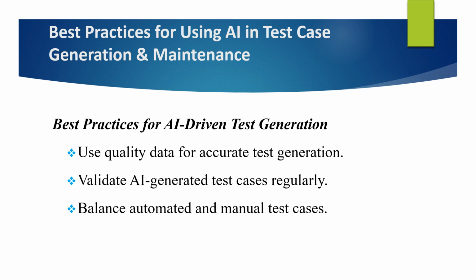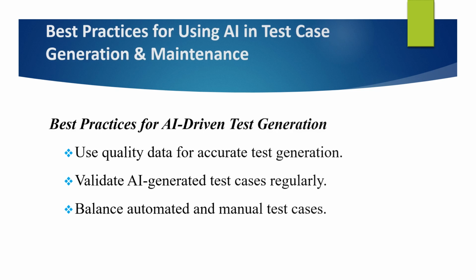While AI tools are powerful, they still require human oversight to ensure that the generated tests align with the application's actual behavior and goals. Finally, maintain a balanced approach. AI can automate a lot of your testing processes, but manual test cases remain essential, especially for critical paths and edge cases. Together, these practices help create a more comprehensive and reliable testing strategy.